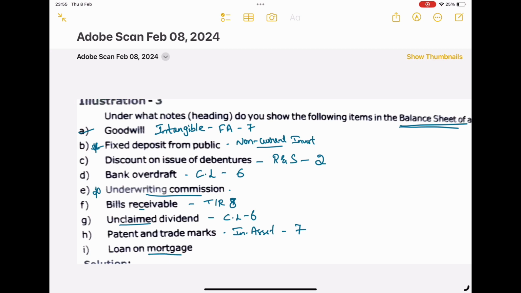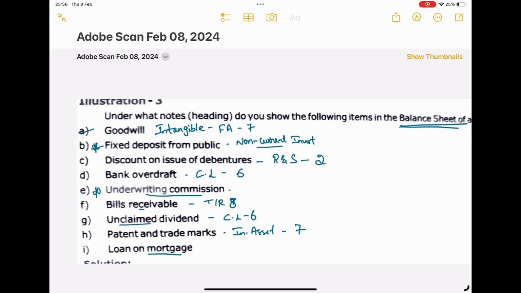Next, loan on mortgages. Mortgages means our bond papers or property will be given as a surety to the financial institutions or to the bank. Based on that we are going to take a loan. Definitely mortgages will be of long term.